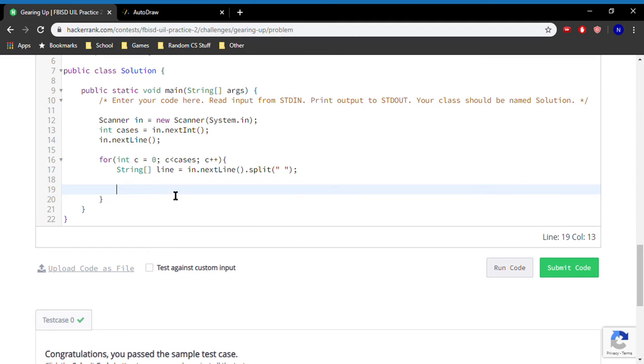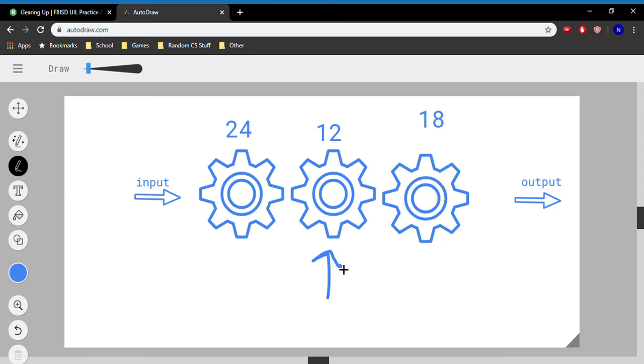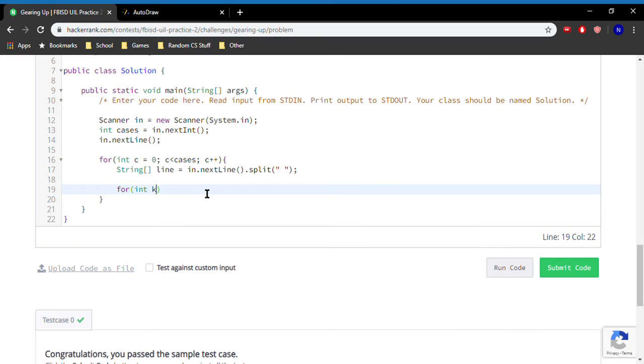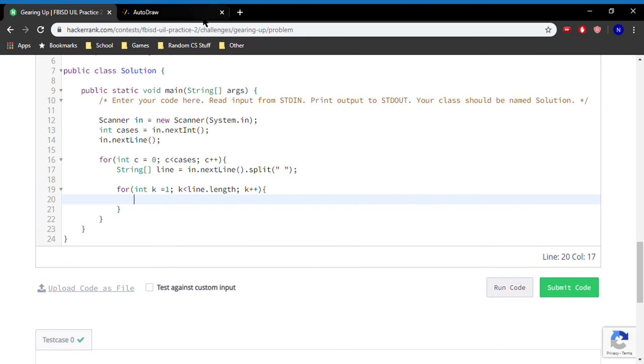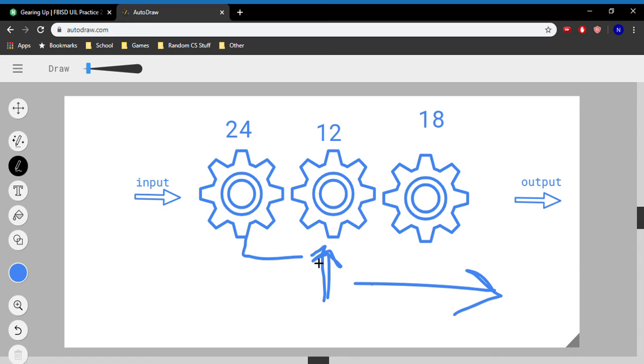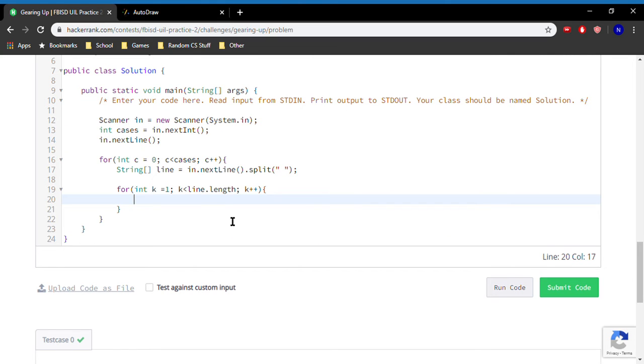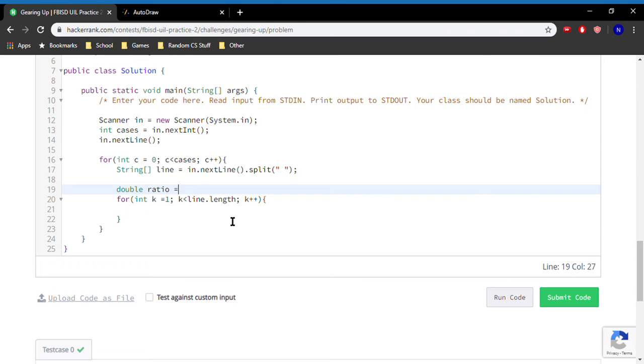So I'm going to start from the second gear, look at the one before it, and do that for the whole chain. So for int k equals 1, this will look through the entire chain. And then we want to keep a running count of the ratio, so ratio equals 1.